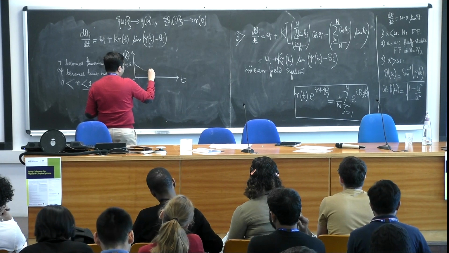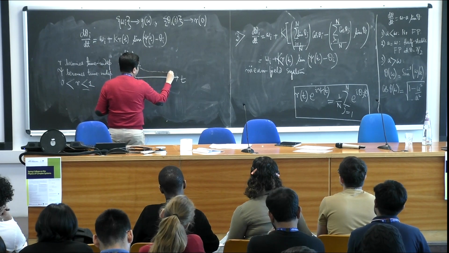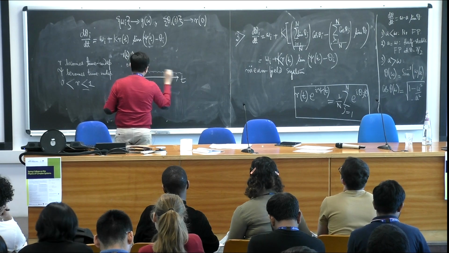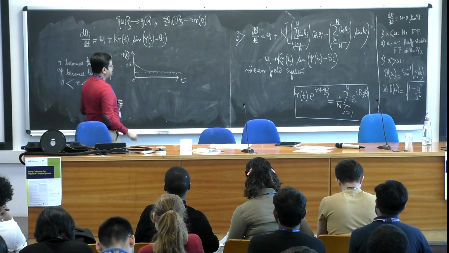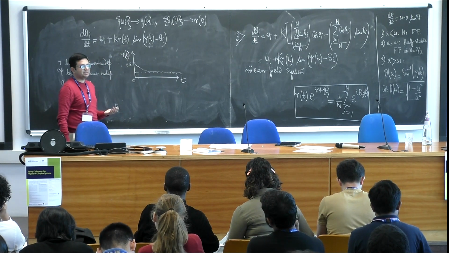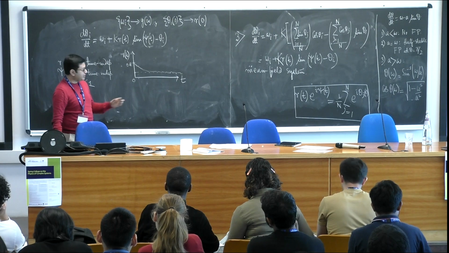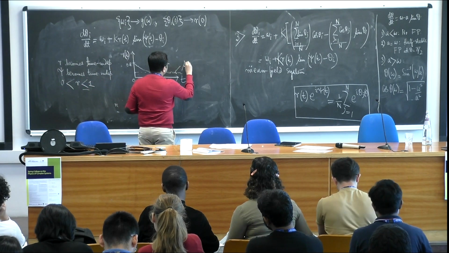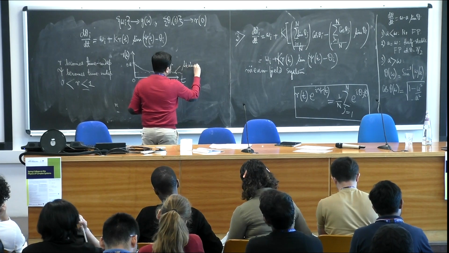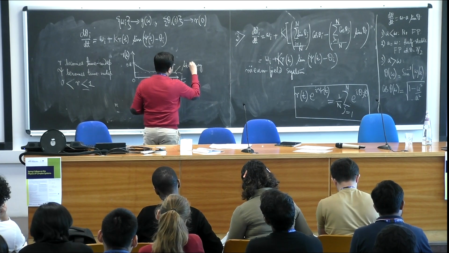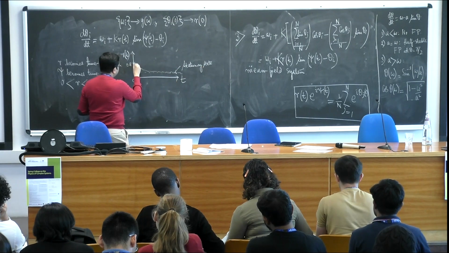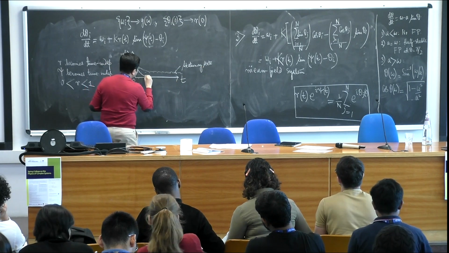But then if it so happens that it gets to a time independent value at long times, a value which is greater than 0, then I will say that the system has synchronized in the long time limit. This is the stationary state of the system. But it doesn't have to be this way, it may as well go down all the way to 0.